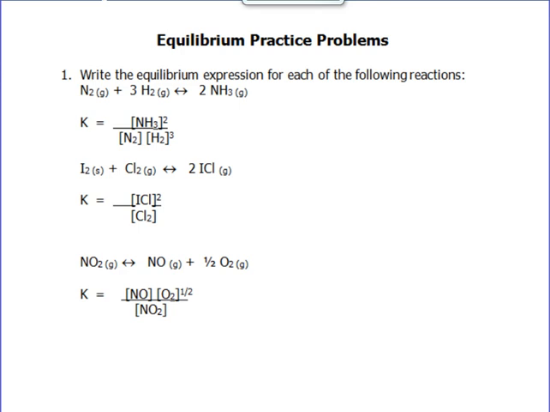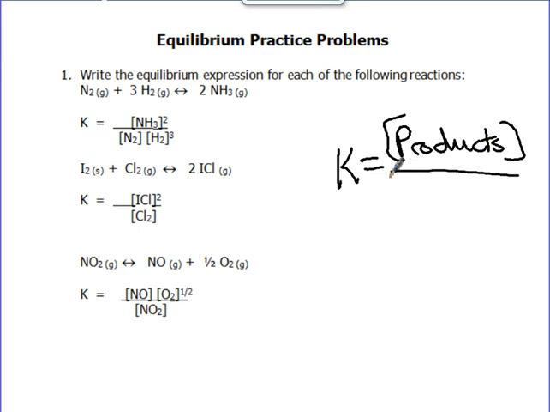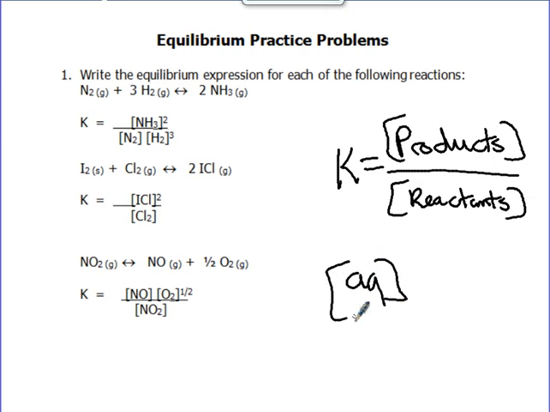The basic idea is that K is always the products' concentration divided by the reactants' concentration. We only ever include aqueous ions' concentration and the concentration of gases in these expressions. So in number 1 here we have ammonia, nitrogen, and hydrogen.